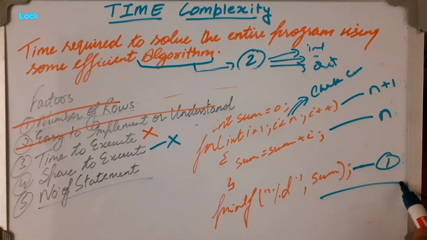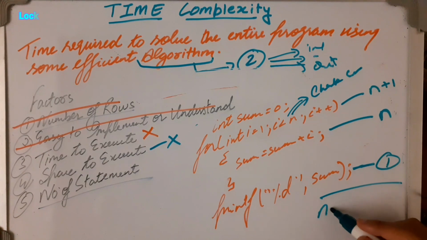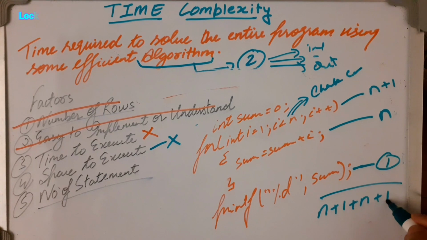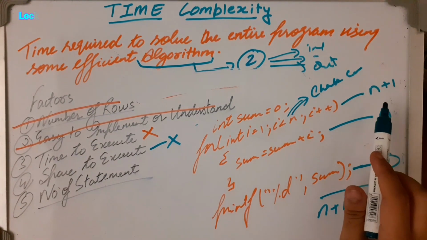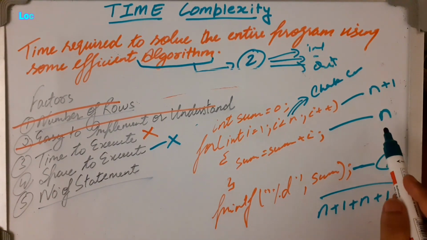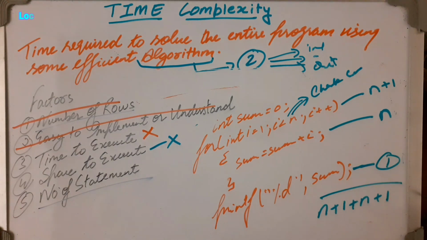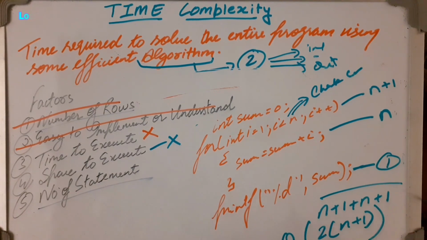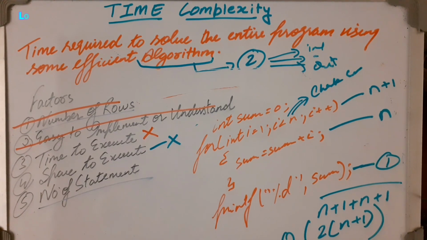So our total time complexity is n plus 1 plus n plus 1, so we can also write 2n plus 1 as our complexity. Now you understand how to calculate time complexity and which factors it depends on.